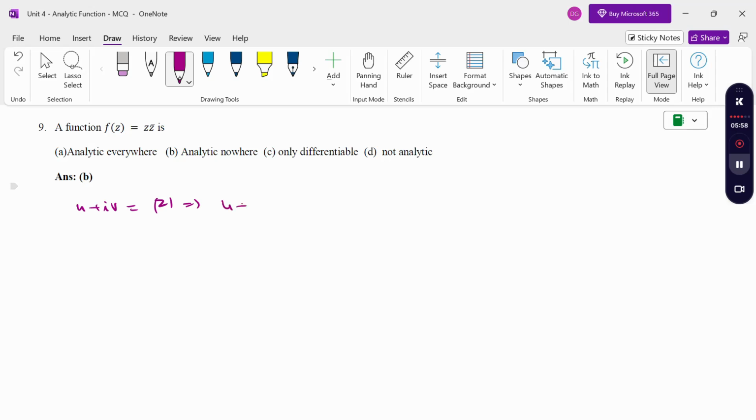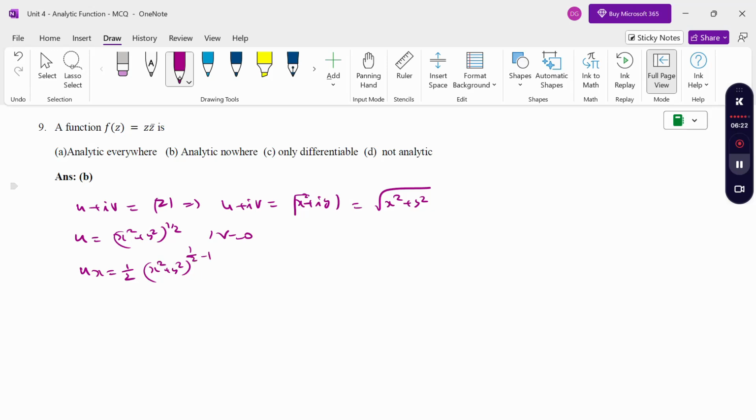So u plus iv equal to x plus iy modulus, which is nothing but x square plus y square square root. So now consider u equal to x square plus y square whole power 1 by 2, v equal to 0. So ux is the differentiation, 1 by 2 x square plus y square power 1 by 2 minus 1 into 2x, vx is 0.